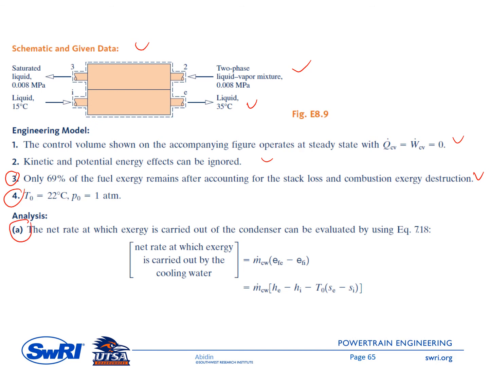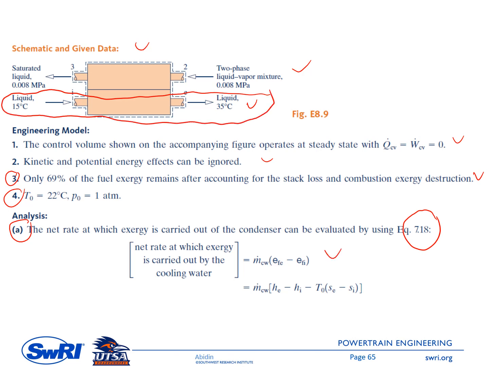For part A, the net rate at which exergy is carried out of the condenser, we can use equation 7.18. So this is the exergy carried out by the cooling water, so it is this side. And this is the formula. It is the mass flow of the cooling water times the flow exergy difference between exit and inlet.